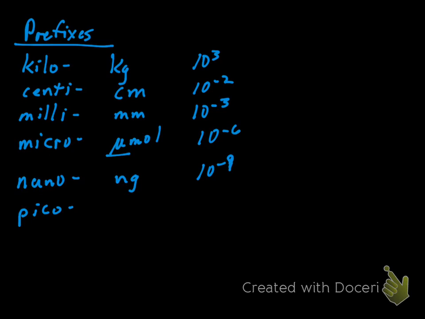So we're getting down here pretty small, like a picosecond. It's 10 to the minus 12. And femto. Maybe again a femtosecond. This is 10 to the minus 15. So these are all prefixes that we can attach to our units so that we can think in terms of very, very small quantities, right? So 1 nanogram is easier to say than 1 times 10 to the negative 9th grams.